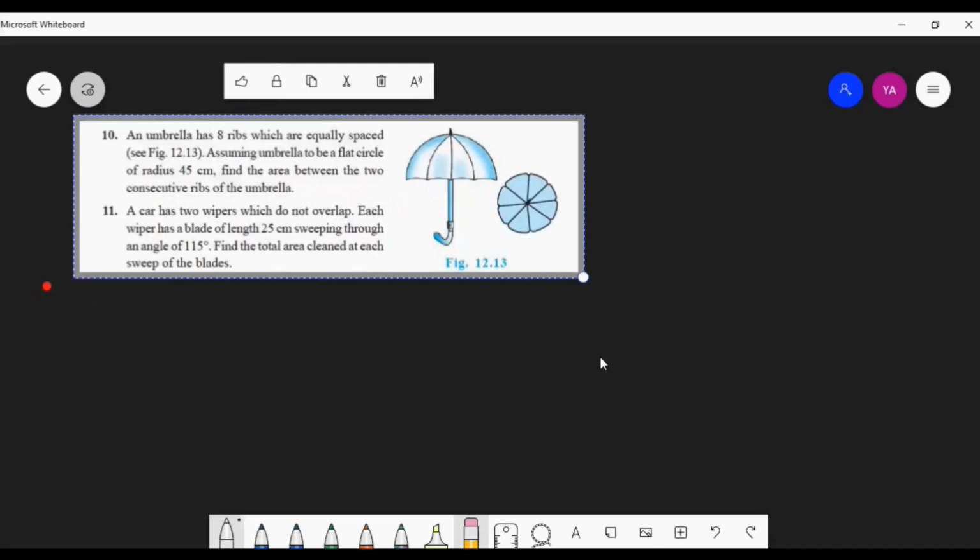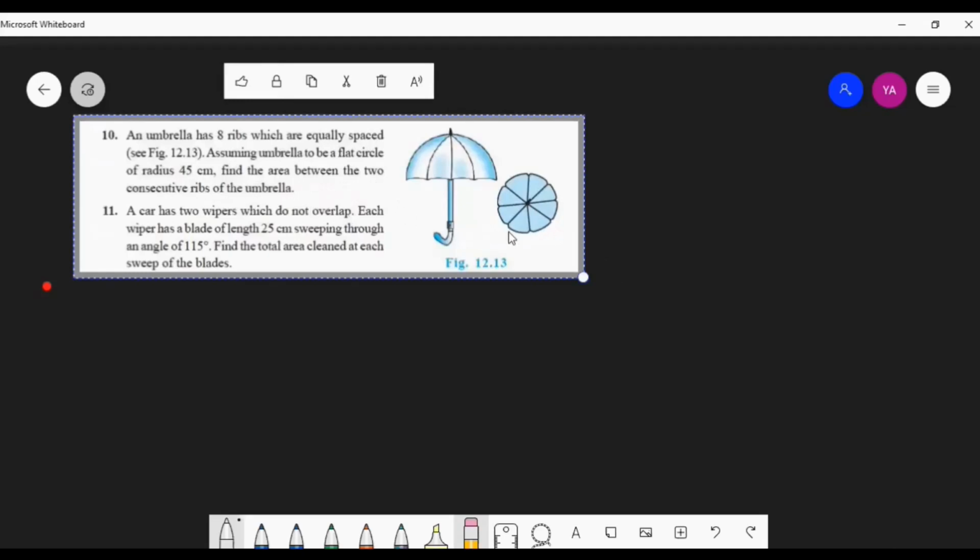Okay, look here, an umbrella, there are 8 ribs equally spaced. And we want to imagine this umbrella as a flat circle, like the second picture in the question, like a flower. And it is said that the radius is 45 centimeter. We want to find the area between 2 consecutive ribs.